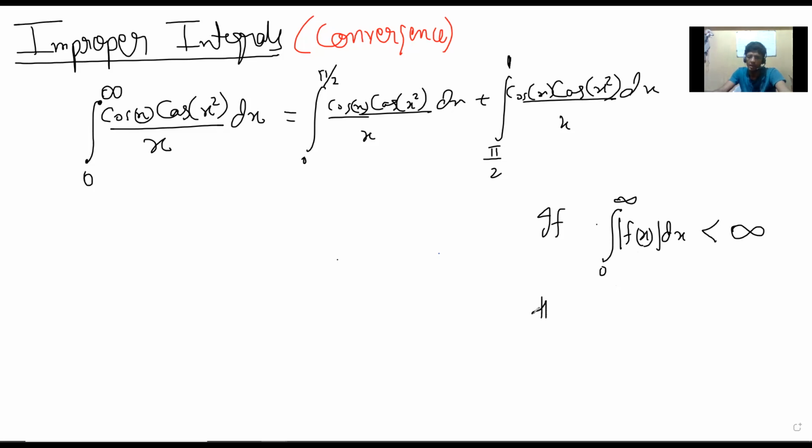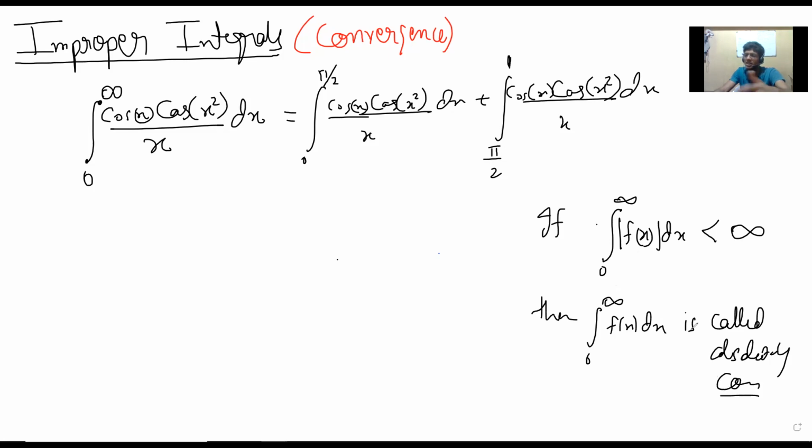Okay, I'm not just giving this as a definition, because I'll say something interesting here also. Then this is called absolutely convergent. That's just the name. Okay, but the good thing that I want to say is that if this happens, then it implies that this also exists.